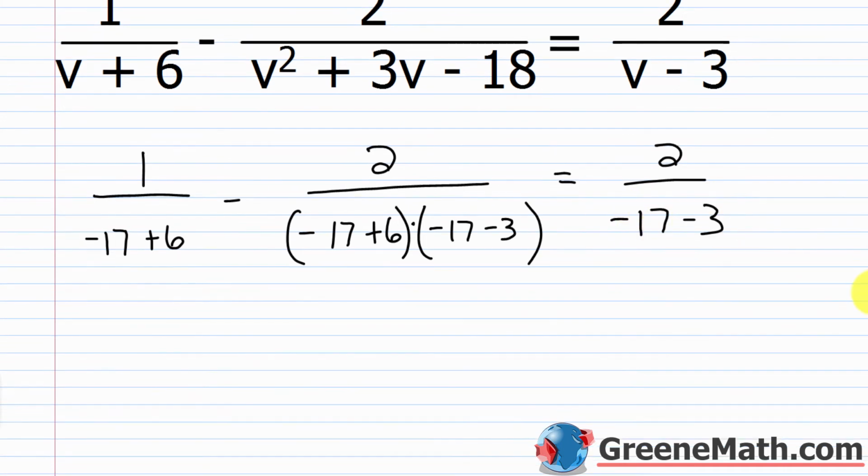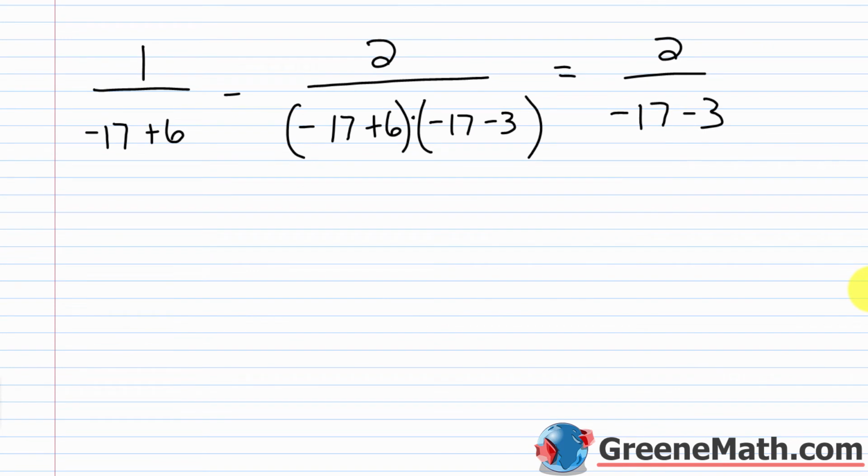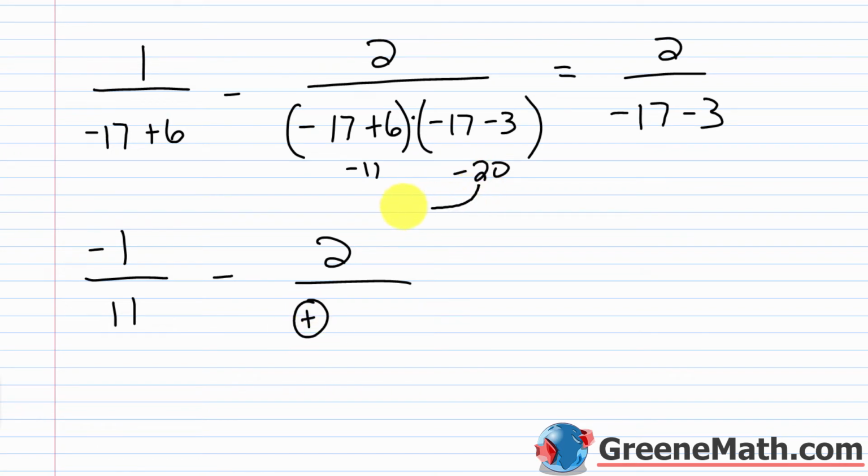So let's crank this out real quick. Negative 17 plus 6 is negative 11. So I've got 1 over negative 11, or I can write negative 1 over 11. Does not matter. And then we're subtracting away 2 over negative 17 plus 6, which is negative 11, times negative 17 minus 3, which is negative 20. So if I multiply these two together, I know I'm going to get a positive. So what is 2 times 11?